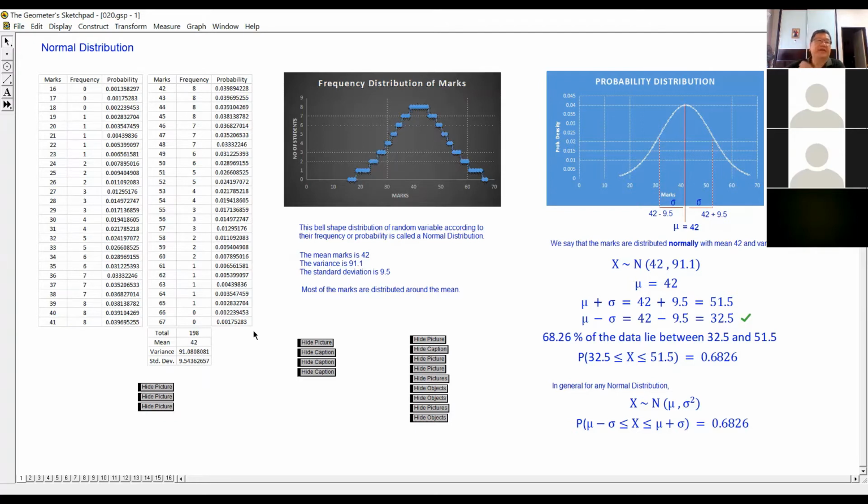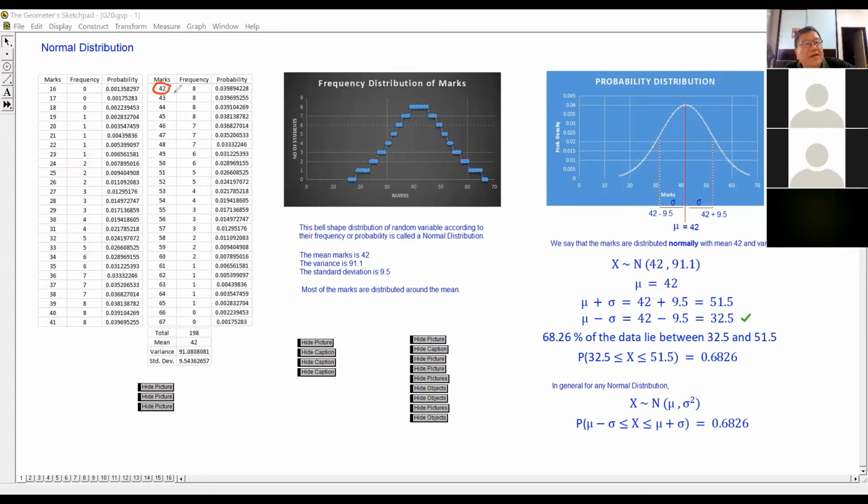The trend is there. Now the mean is 42. Where is the 42? This is my 42 here. Yes, this is my 42 marks.